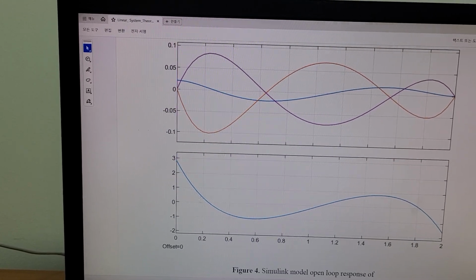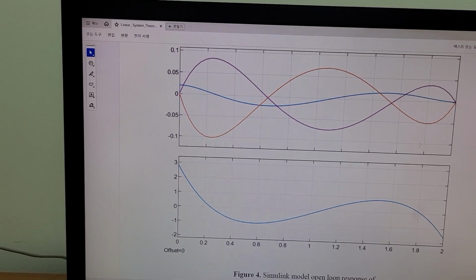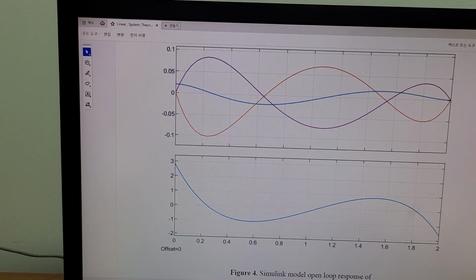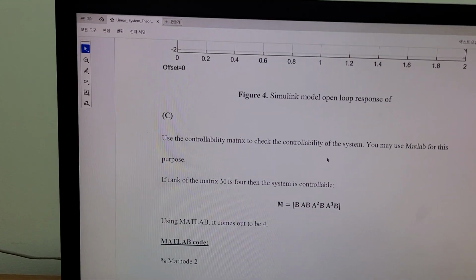Similarly, this is the actuator force which is driving all these responses, and they go to 0 for 2 seconds. So this is the 2 seconds here in the Simulink model.